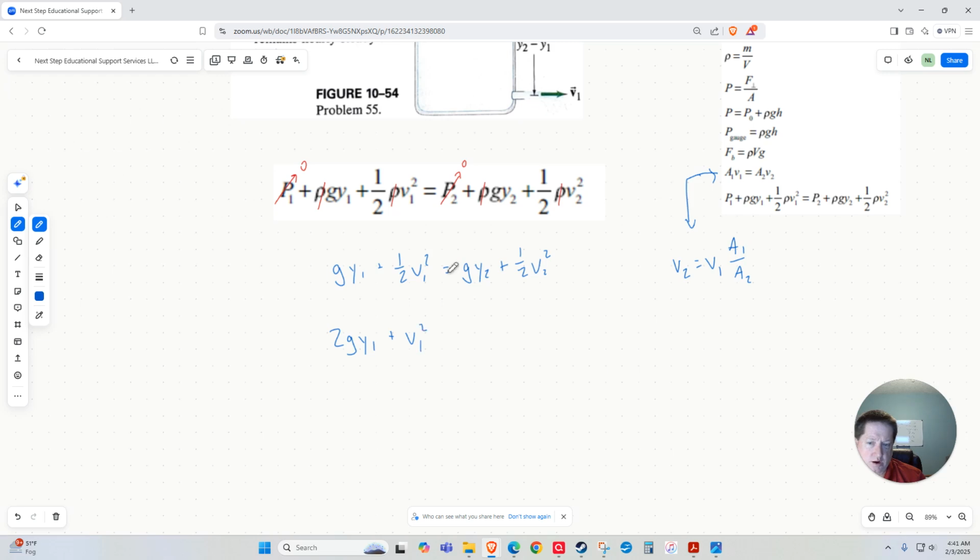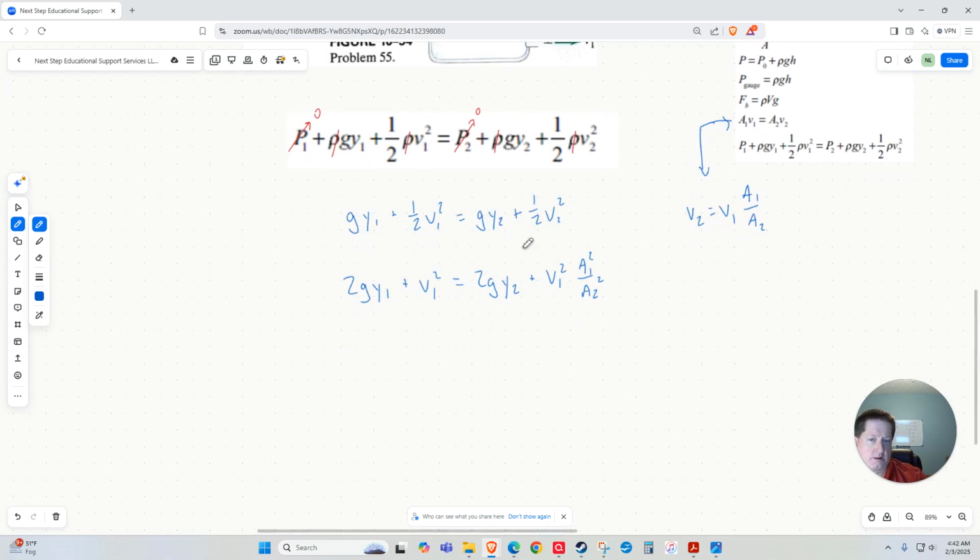We get v1 squared, which is the one thing I'm looking for in my final expression here. Again, multiplying by 2, so that's 2g y2. Multiplying by 2 gets rid of this half, and I end up with v2 squared here, but I'm substituting in this relationship. So that's v1 squared times A1 over A2, both of those terms squared. I got two terms of v1 here.